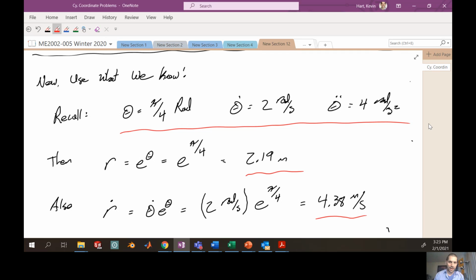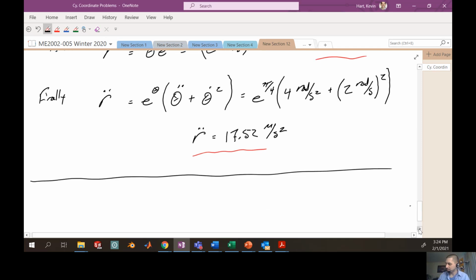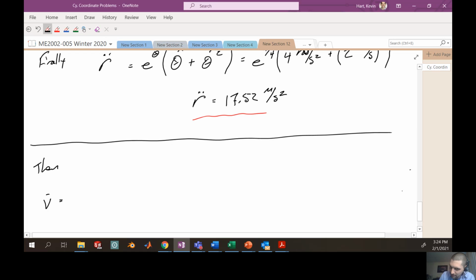So I'm finally ready to go back to my velocity and acceleration equations, plug everything in, and calculate the velocities and accelerations. So then I'm ready to finally answer the question and say that my velocity, which I know is r dot e hat r plus r theta dot e hat theta, at this one particular snapshot, at this one particular location, theta is pi on 4 radians, you will have here this one specific point.